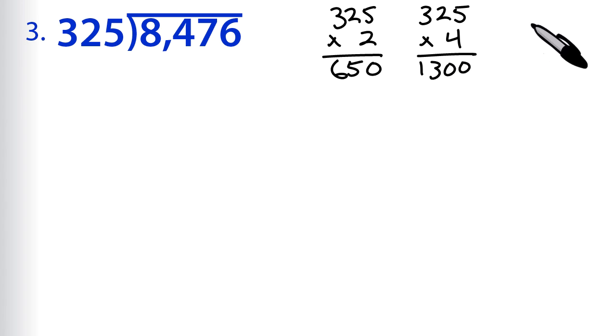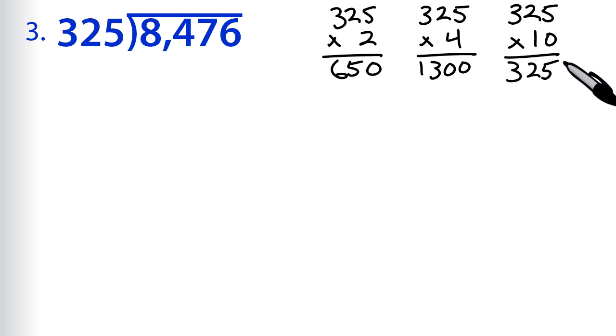1,300. And then let's go ahead and do a multiple of 10. So we have 325 times 10, and that will be 3,250. That should be pretty useful. All right, so let's get started. We're working with 8,476, so we can use our biggest multiple here, because that's still less than that.